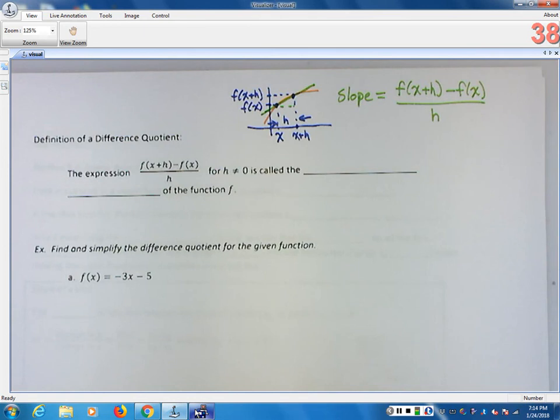So this is the slope. And then in calculus, this is a hard way to find derivatives. We will find the difference quotient and take the limit as h goes to 0, and we'll find the instantaneous slope of an equation that's not linear. So this is called the difference quotient.